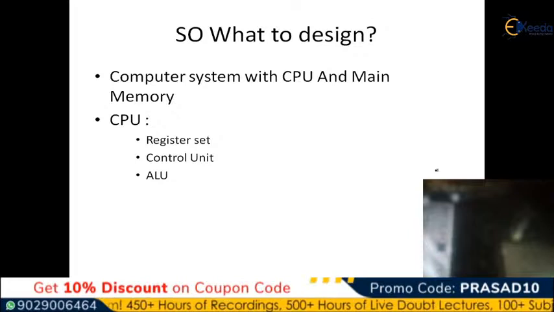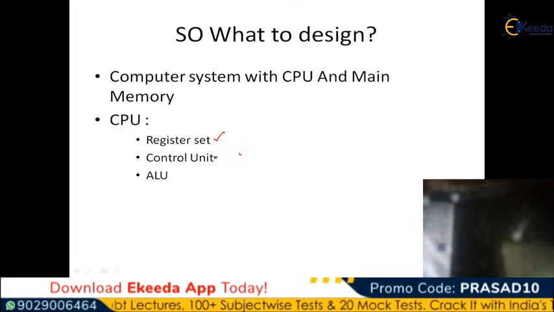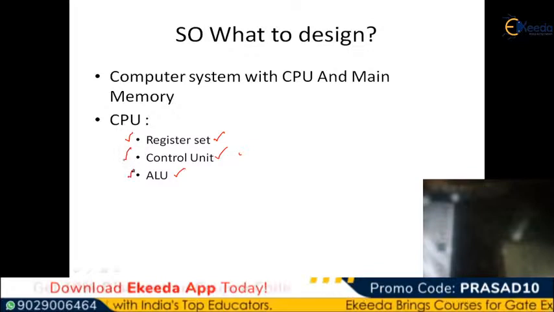Again, CPU is a collection of components, right? In CPU, there is something called a register set, there is something called a control unit, and there is something called an ALU. So when we design a CPU, first of all we need to independently design this register set, control unit and ALU.